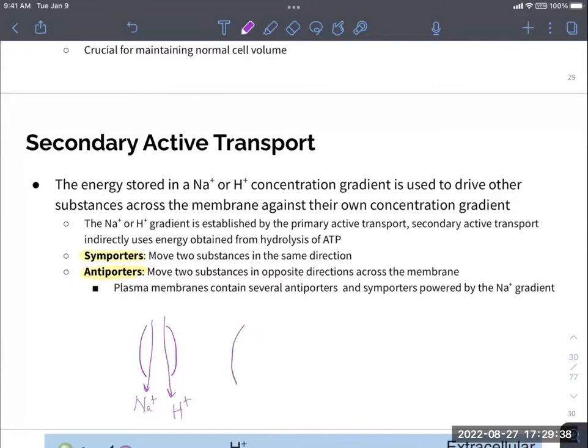An antiporter could move sodium in one direction while it moves potassium in the other direction. So we have several antiporters and symporters that are powered by that sodium gradient.